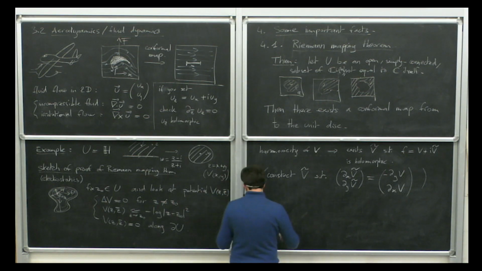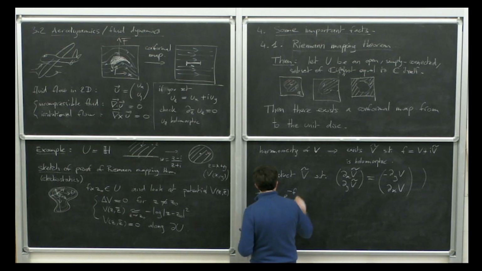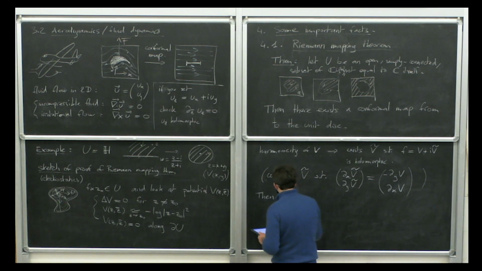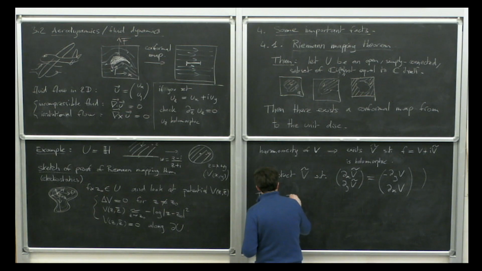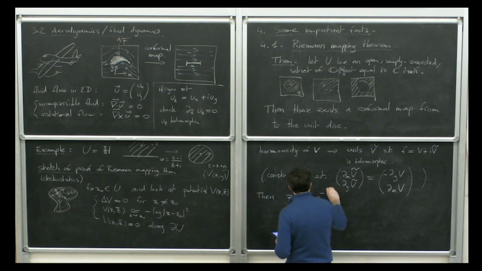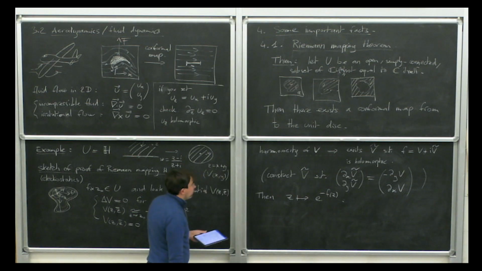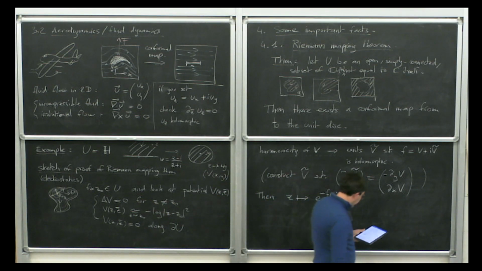Okay, but then the point is that exponential of minus f, where now f is holomorphic, so we can look at z maps to exponential of minus f of z, and that's the map that we are looking for.